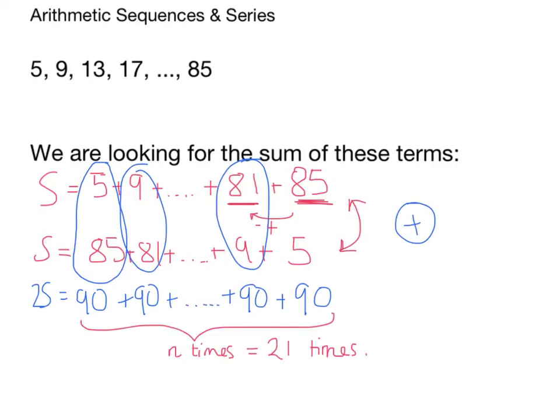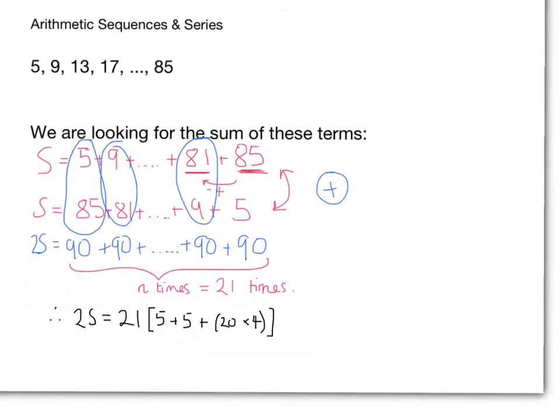Because we know how many terms we have, 21 terms, we have 90 21 times. So we've got 2S is 21 times (5 plus 5 plus 20 times 4). This 5 is the first term, and this is the last term.